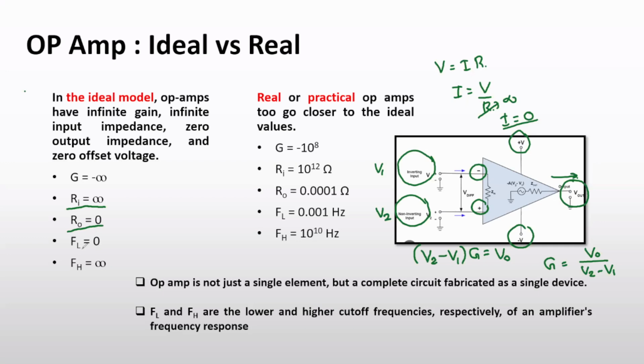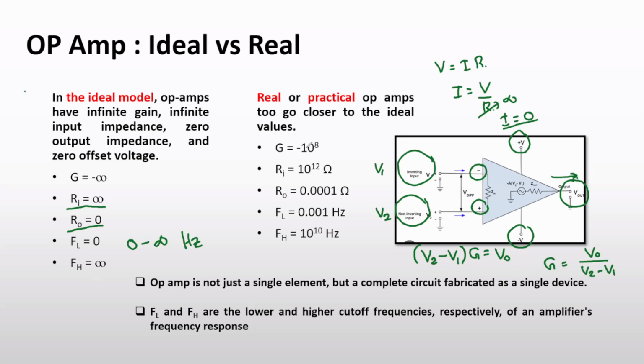These are the lower and higher cutoff frequencies, depending on the op amp's frequency response. So an ideal op amp can work between 0 and infinite hertz of the feeding signal.